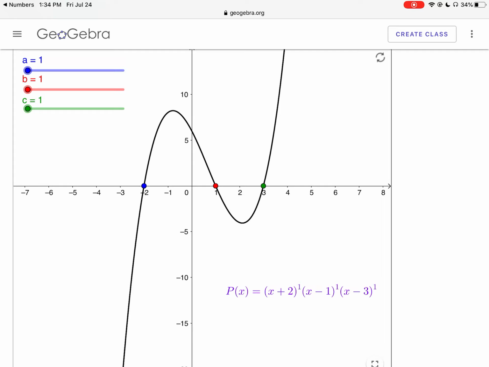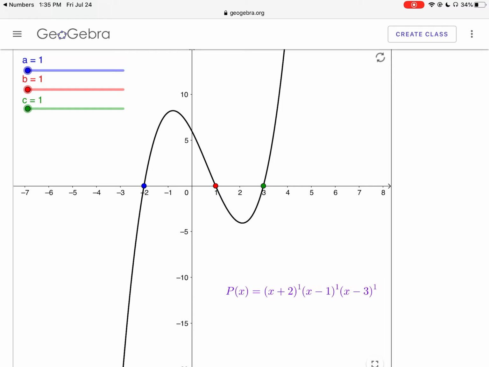And notice the behavior of the graph at each one of those zeros. Right now, the curve is crossing through from one side of the x-axis to the other side as it passes each one of those zeros, okay? Now, let's just focus on the multiplicity for the zero of -2, which means I'm going to play around with the power of the corresponding factor, x + 2.